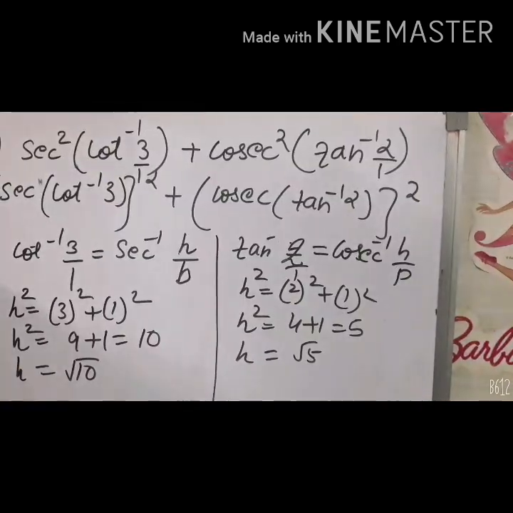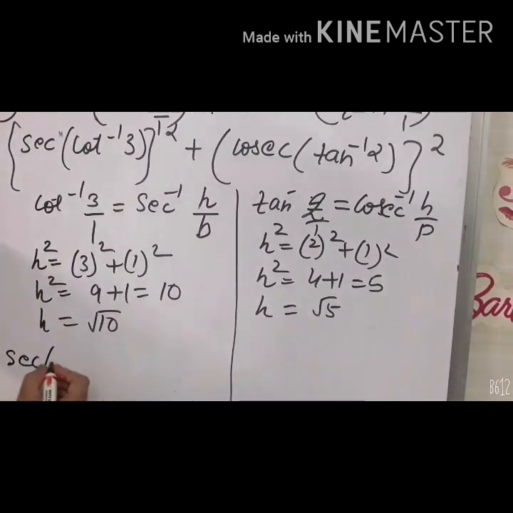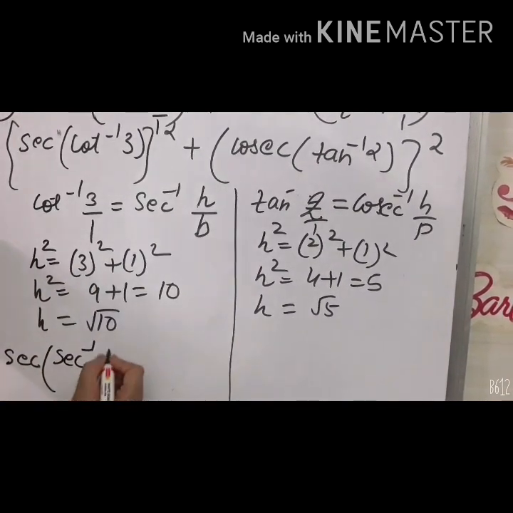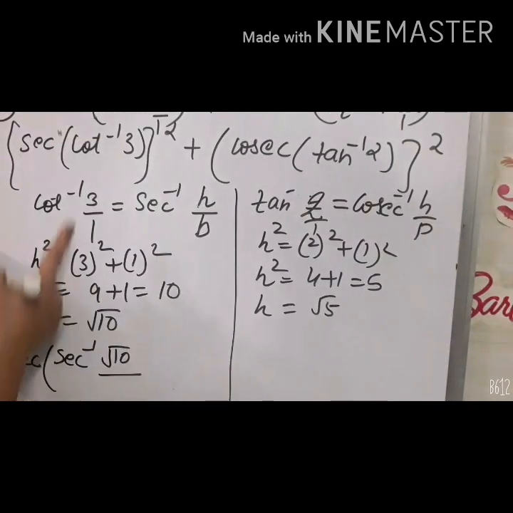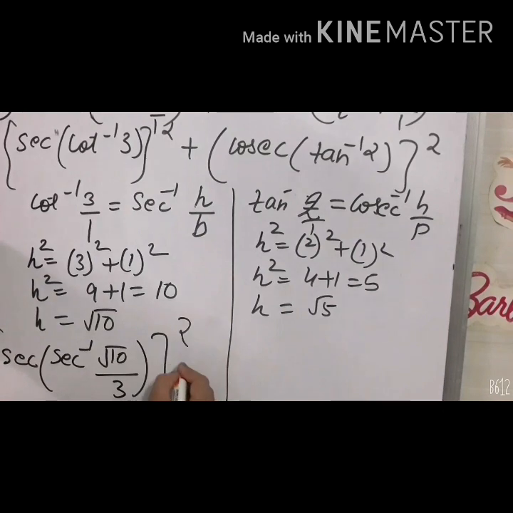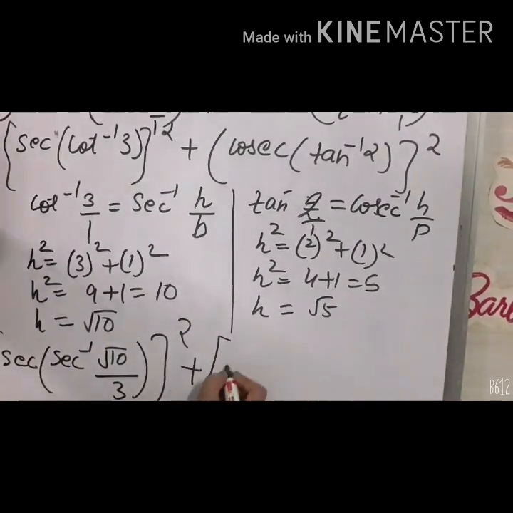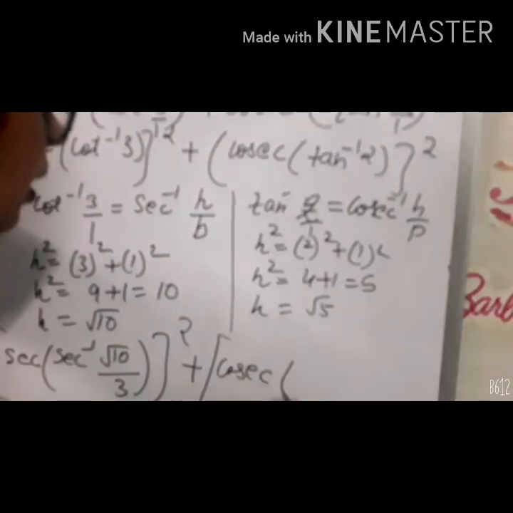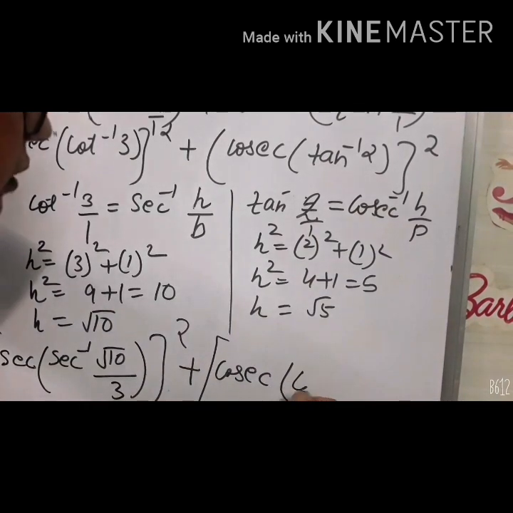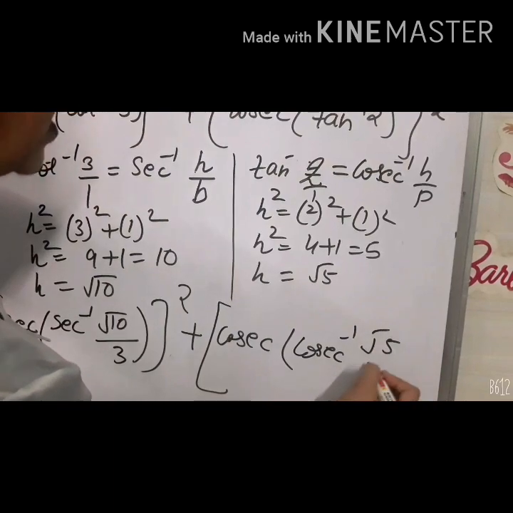Now, I am putting the values. In place of cot inverse, sec inverse of h/b. What is h? √10. What is b? b is your 3. Whole square. Now, plus this, I am keeping it cosec. In place of tan⁻¹2, I will put this value, cosec inverse of √5/p.